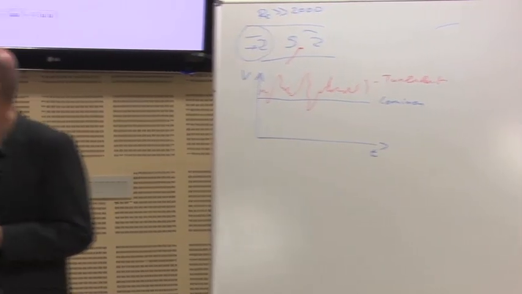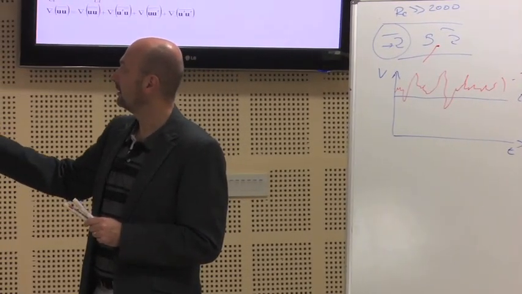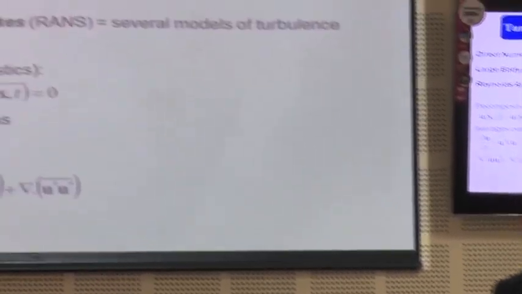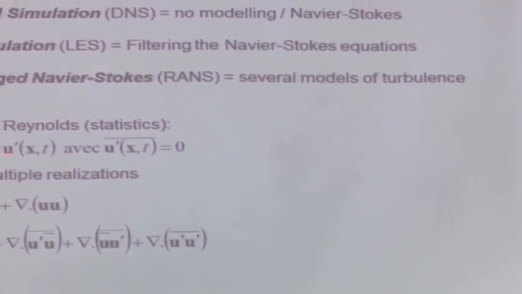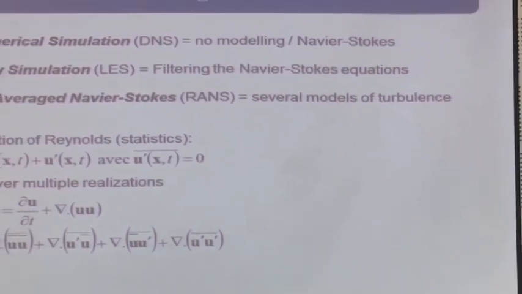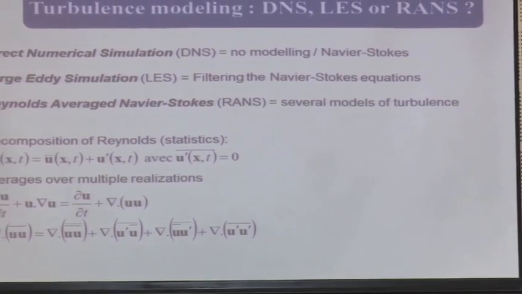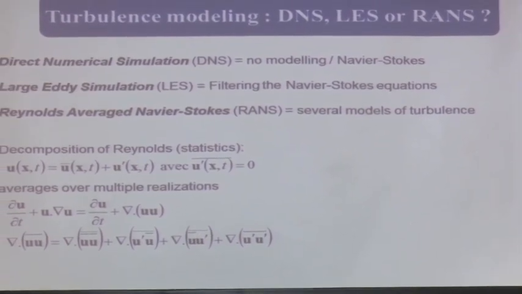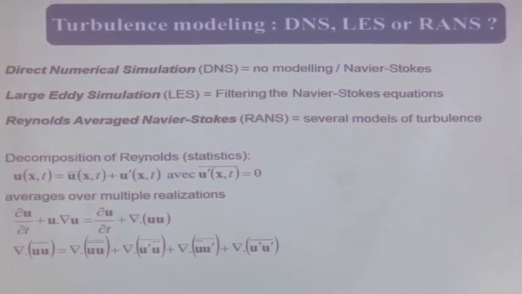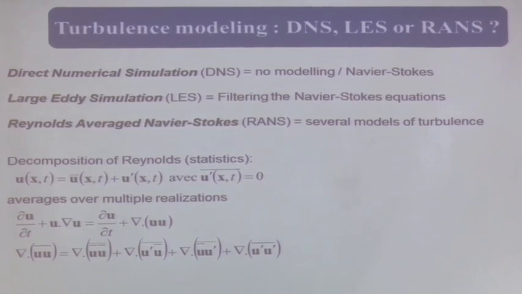The main idea of Reynolds, the same Reynolds as the Reynolds number, is to take an average. When you are an engineer, you don't actually care about modeling all these structures. What you want to know is the flow rate, and maybe the range of variation.